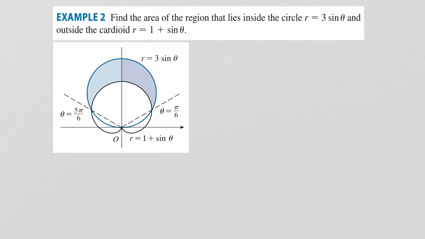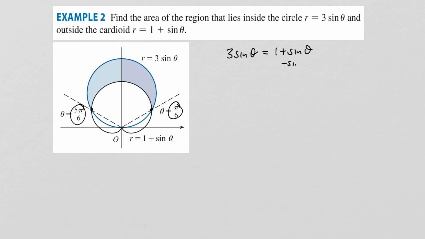So again, the biggest challenge here isn't graphing or looking at the outside or inside curves. It's finding the limits of integration. Now you can see the limits here. They're listed as pi over 6 and 5 pi over 6. But how do we know that? Well, what you need to do is set the curves equal to each other. So we have to take 3 sine of theta and set it equal to 1 plus the sine of theta.